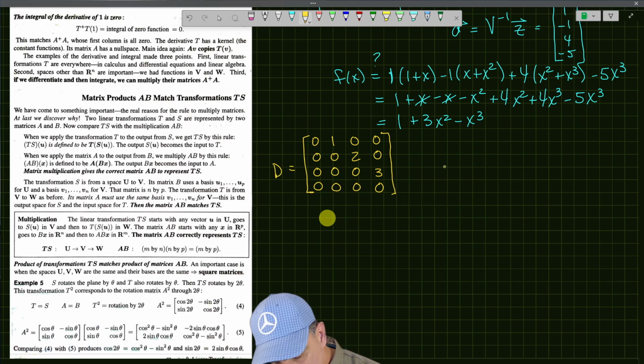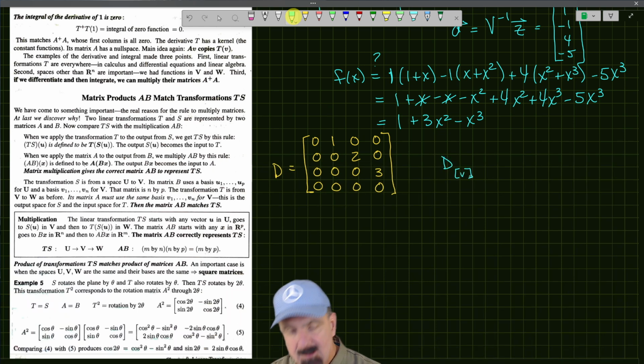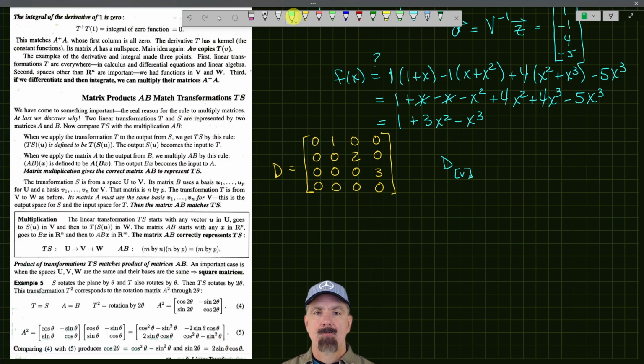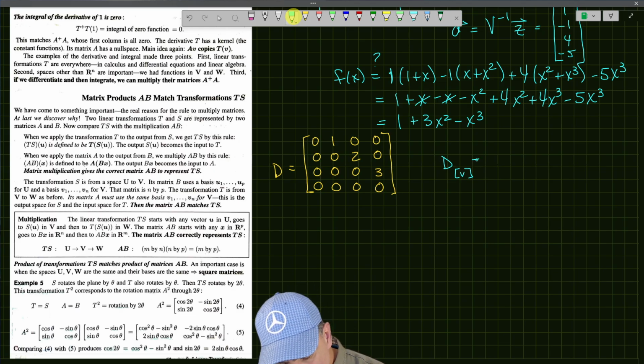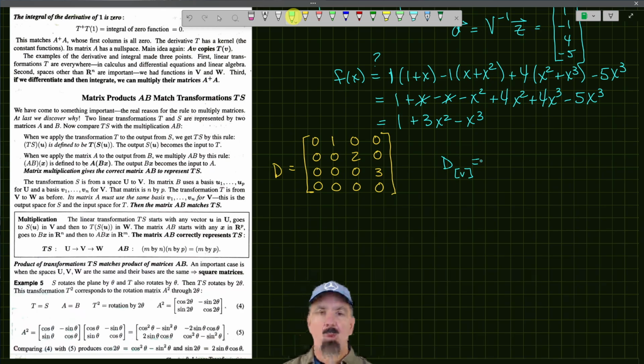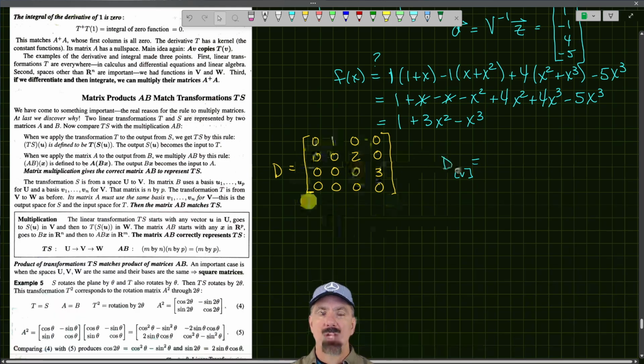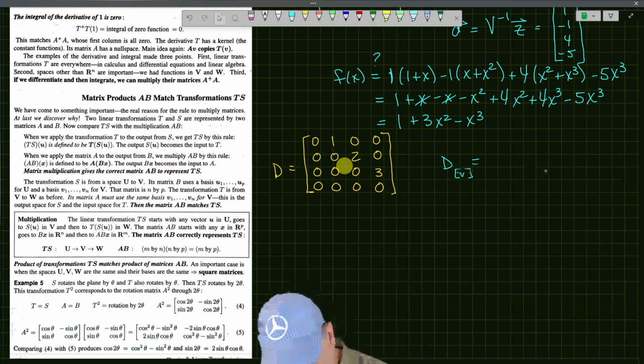So what we are looking for is the differentiation matrix in Vicky's basis. Well, the way we're going to do that is we're going to start with vectors that are in Vicky's basis. Then we're going to transition them to the monomial basis because we know what the differentiation operator is in the monomial basis. And then we're going to transition from the monomial basis back to Vicky's basis. So let's think about that.